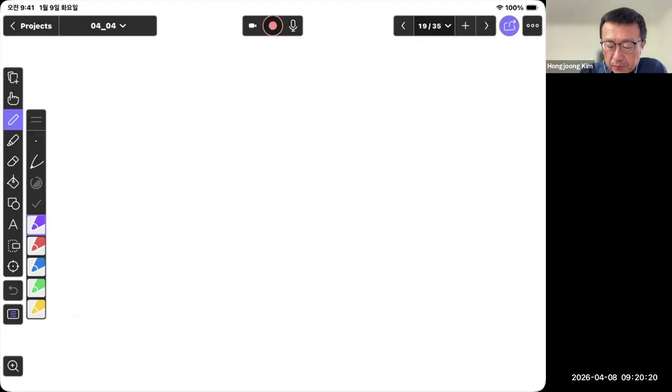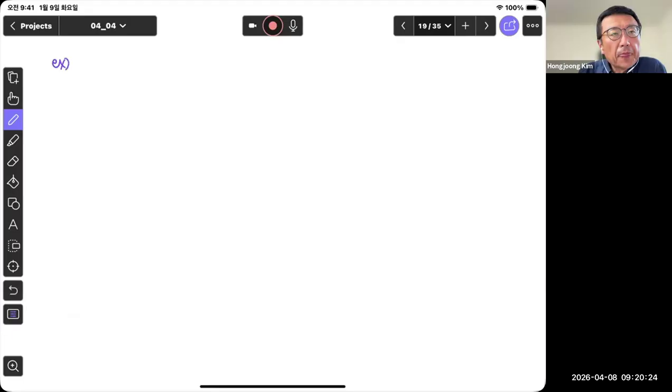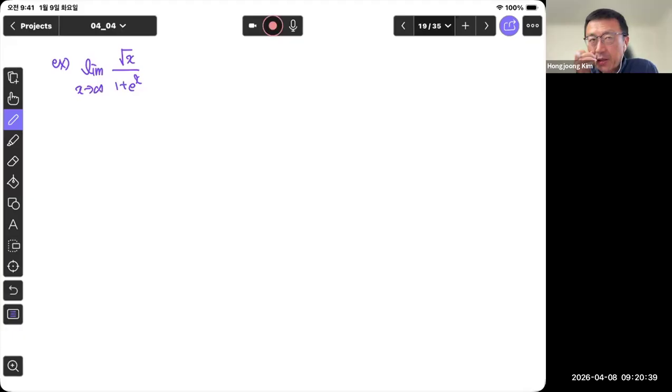So, for example, if I consider the limit of square root of x over 1 plus e to the x, as x diverges to infinity, in that case, both the numerator and denominator diverge to plus infinity. So I can apply the L'Hopital's rule.